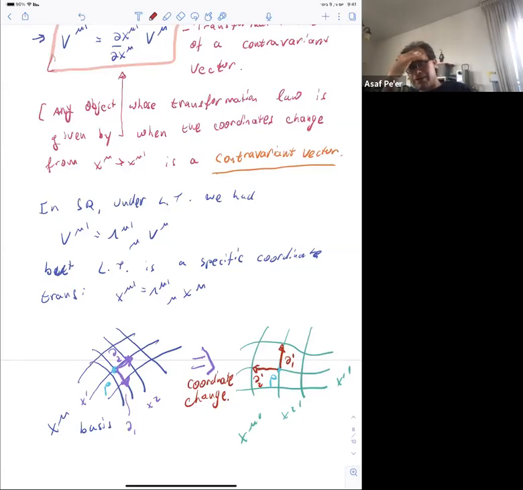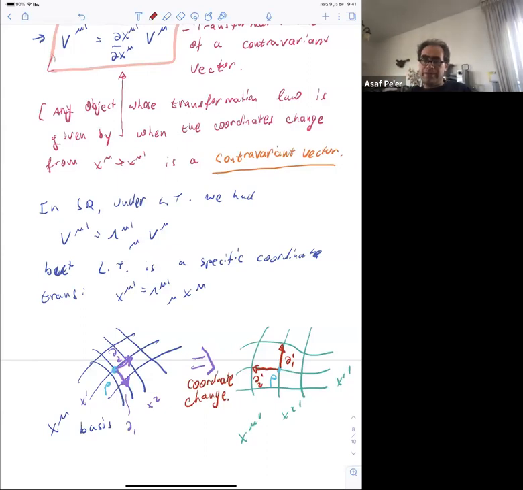At the end of the day, I'm putting a lot of emphasis on things which are straightforward in many ways. The only thing that is not straightforward, that you need to think a little bit about, is the identification that I'm making between vectors and directional derivatives.